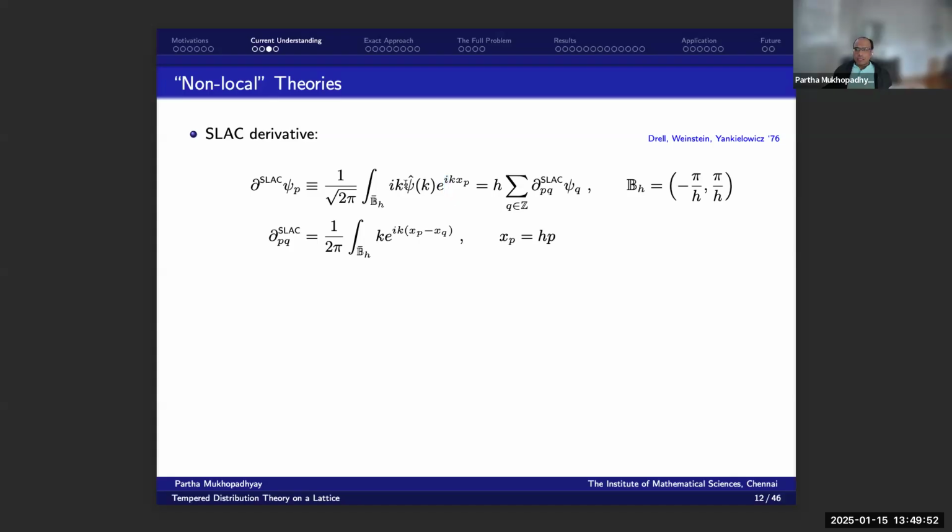But if you inverse Fourier transform ψ-hat(k) and write that in position space, then the derivative picks up a pq structure that is non-local, because for every value of p, all values of q will contribute, as given by this expression. So it's a non-local derivative, and the dispersion law that comes from this derivative is exactly the continuum one. It gets rid of the fermion doubling problem and chirality problem.